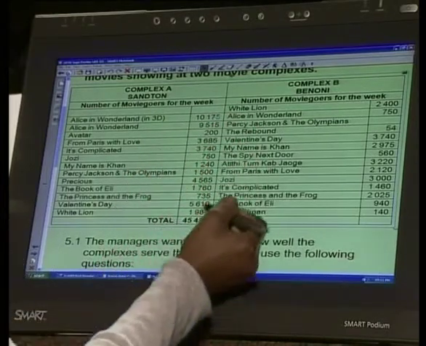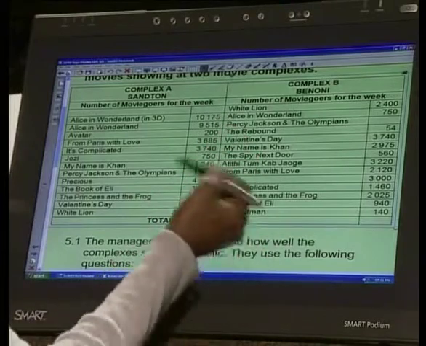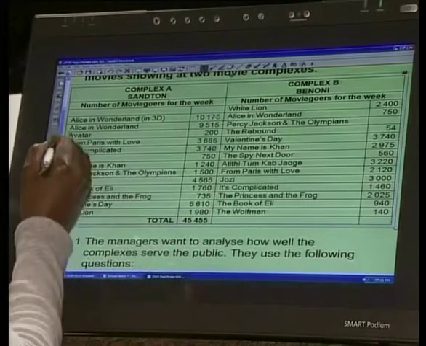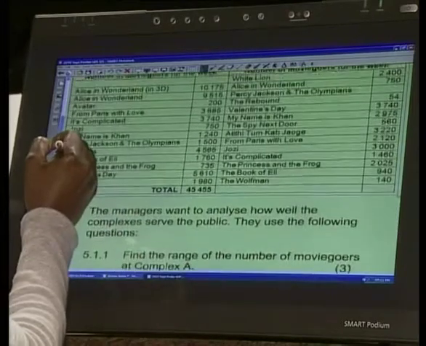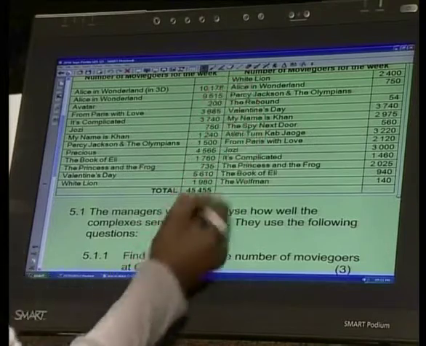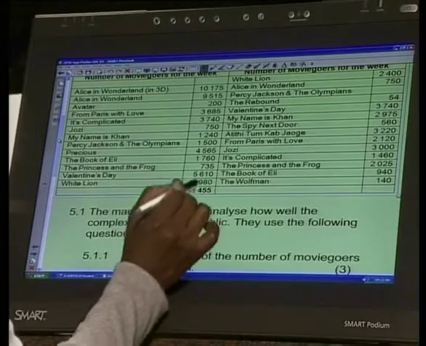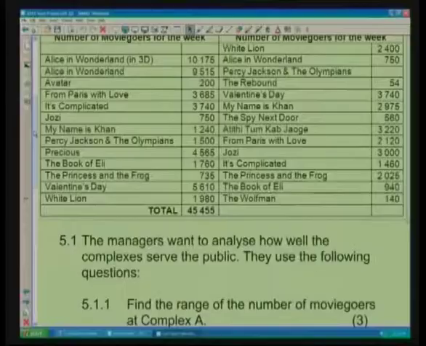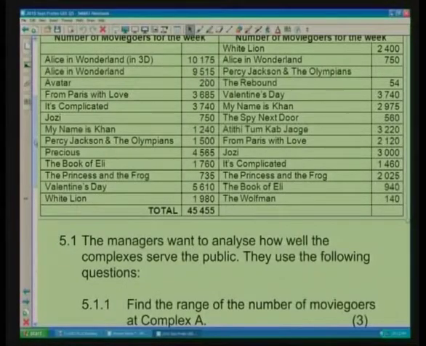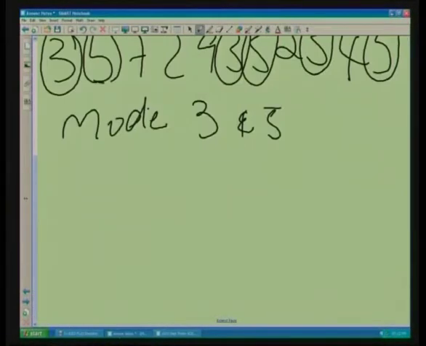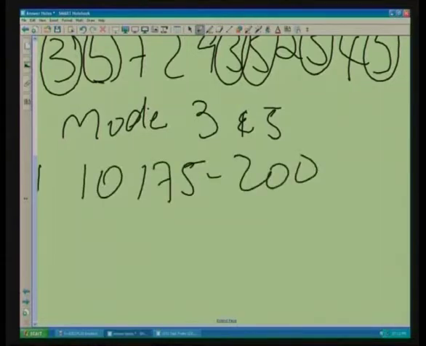For me to find the range, this is the bigger number, 10,175. Subtract. Now, which one is my smaller number? You look at the table. Oh, there it is, 200. So that is what a range is. You will be writing that bigger number, 10,175 minus 200, to get your range. So you'll give the answer.